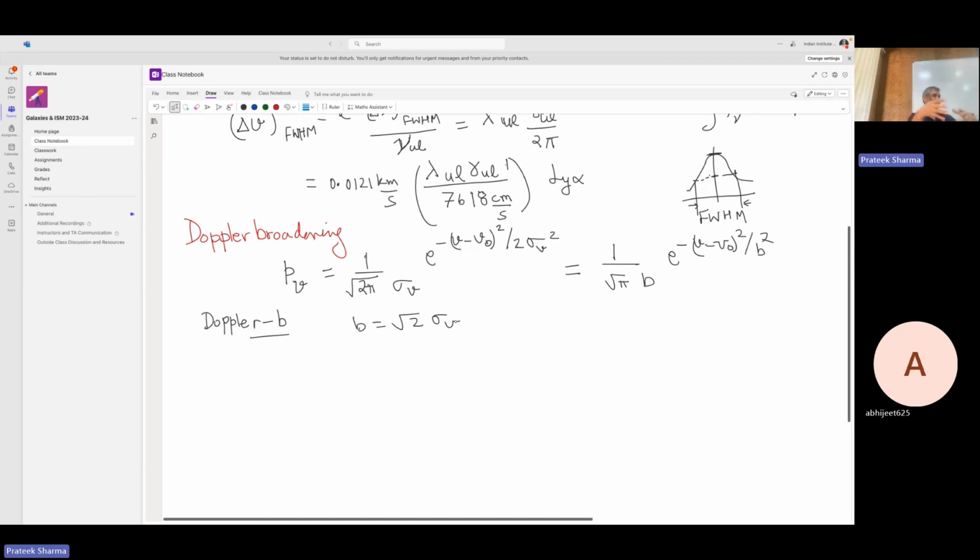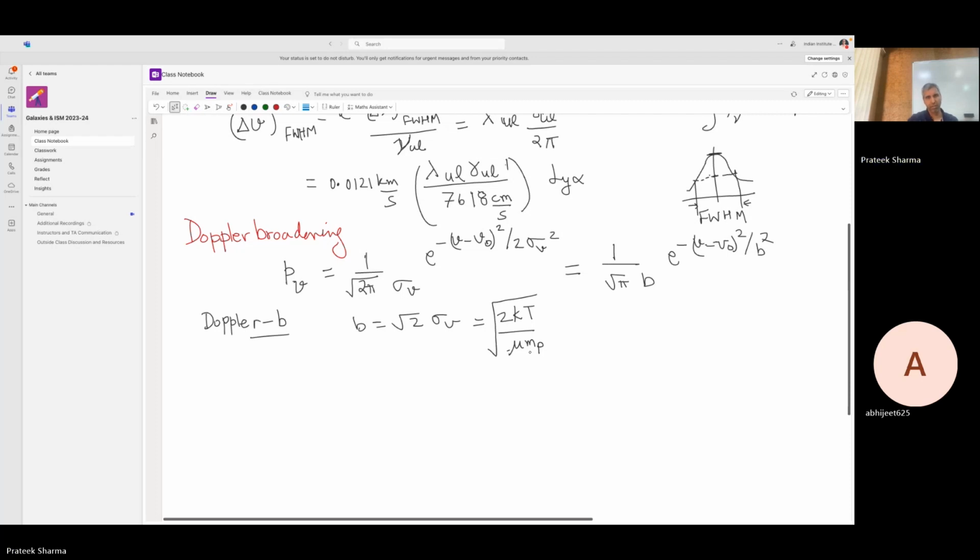It's not the 3D velocity. If it is an isotropic gas with random motions equal in all three directions, sigma v will be 1 by square root of 3 of the three-dimensional velocity dispersion. Okay, this is Doppler B. And this is actually also equal to the square root of twice kT by mu mp, where mu mp is the particle mass.